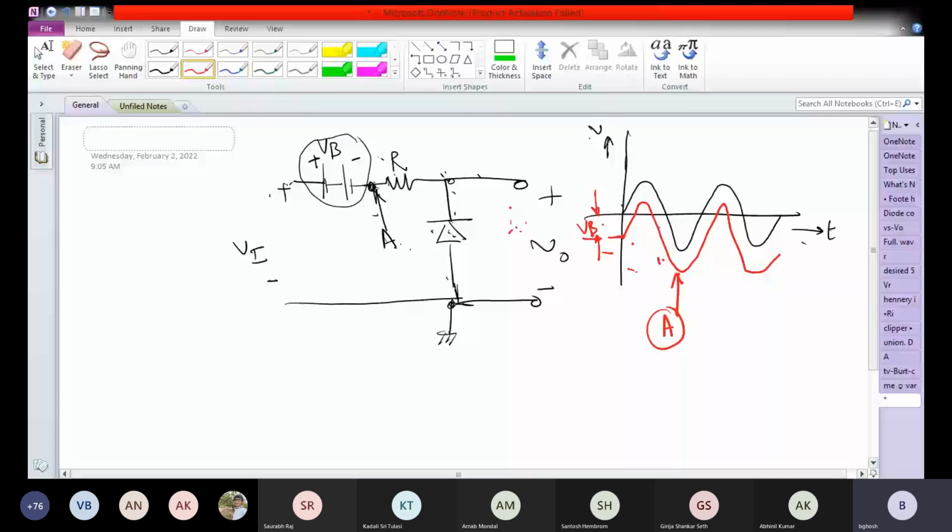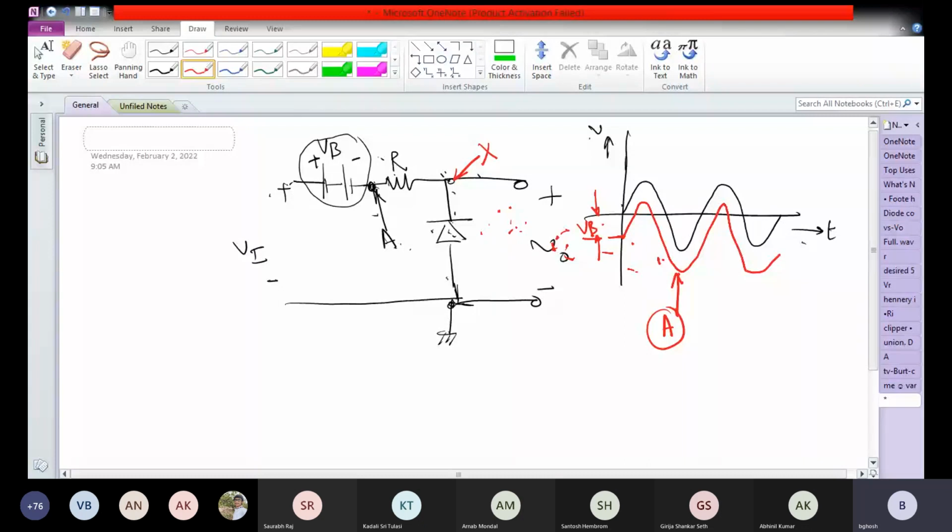When the voltage at this point X tries to fall below 0, we assume the diode cutting voltage is 0. If the cutting voltage is V gamma, we can accordingly do minus V gamma.